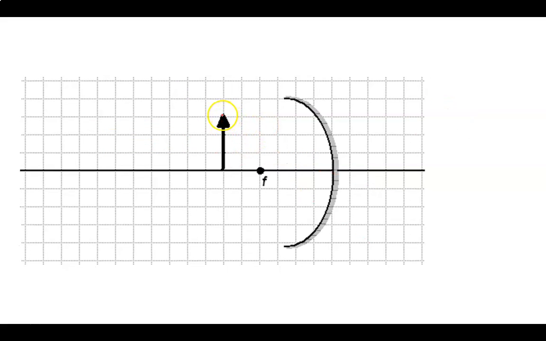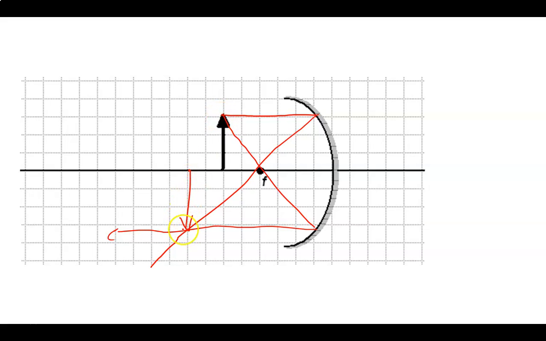Let's take a look at a third one. Runs parallel through the focal point. The second one runs through the focal point and parallel. And so we already can see that this will be an image that is upside down, or inverted.